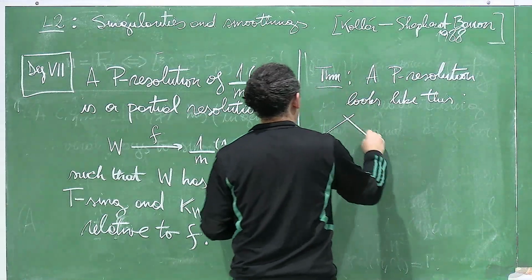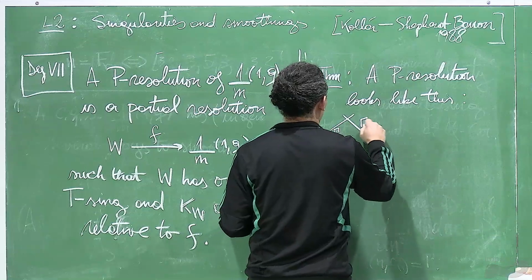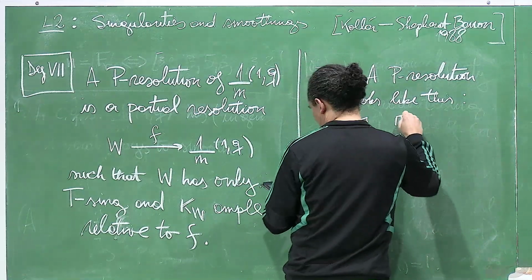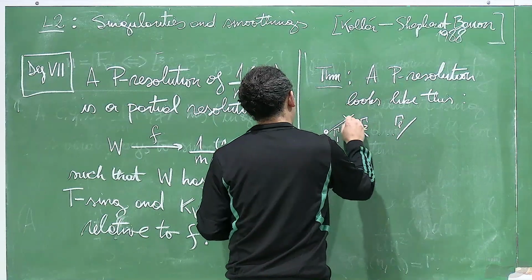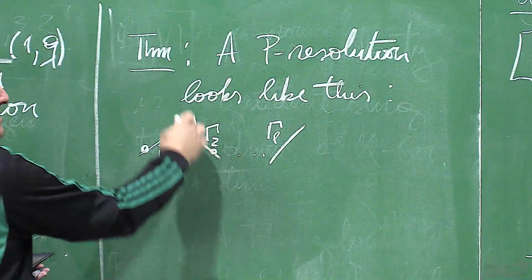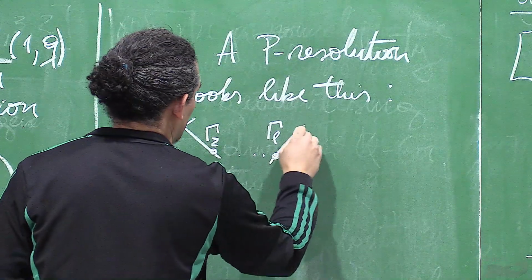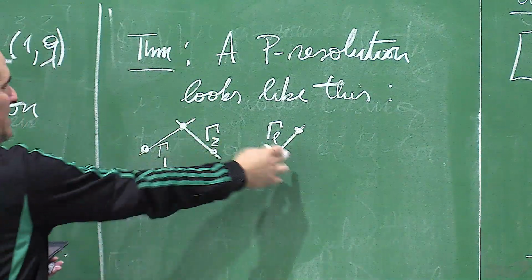You have a chain of P1s, gamma 1, gamma 2, and so on up to gamma L. And here you have singularities where they cross, and also maybe at the ending curves.